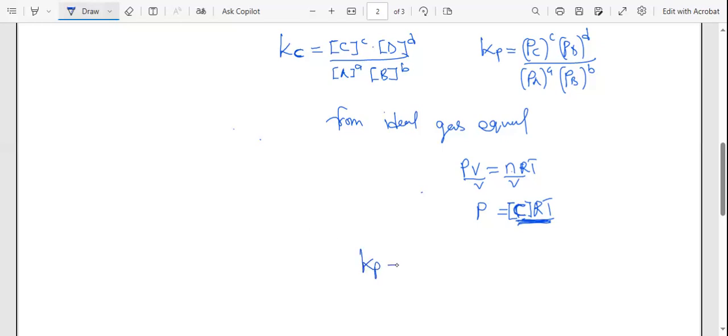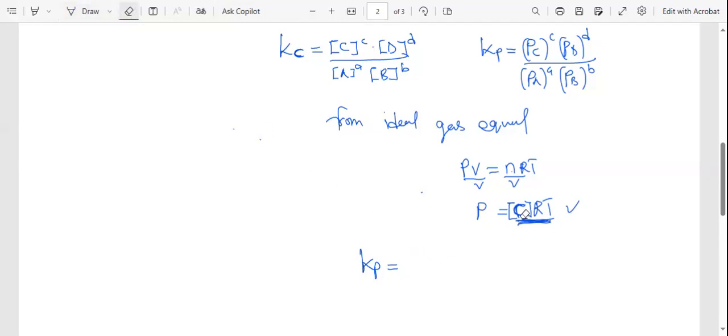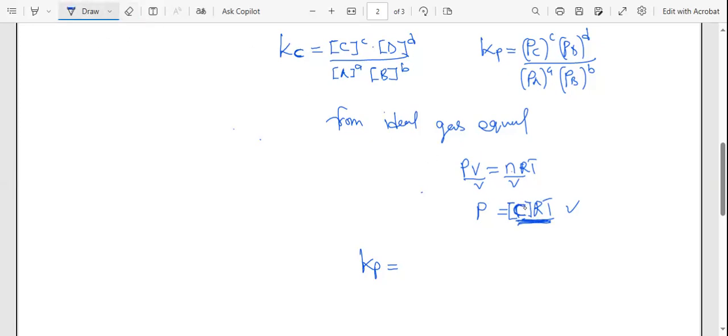We'll be substituting all of these now. Wherever there is a P in the Kp, we'll be putting the concentration, so I'll be substituting that. These are the concentrations, and I'll be putting these letters appropriately.